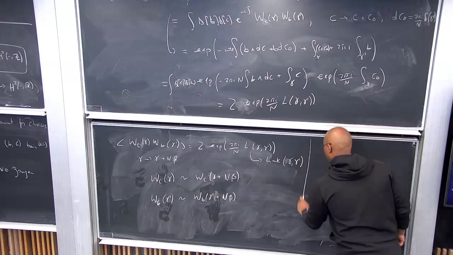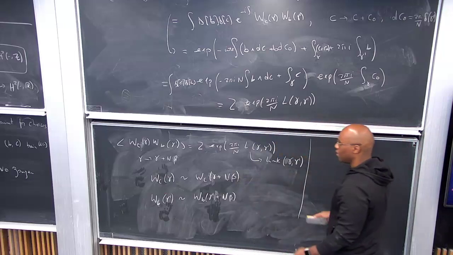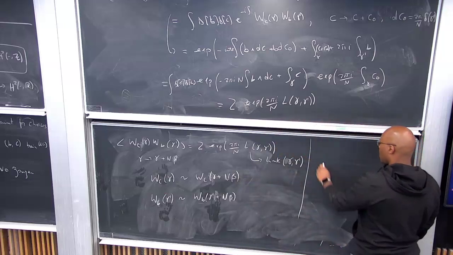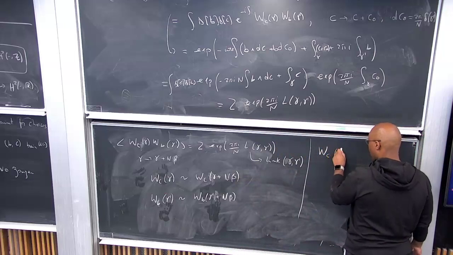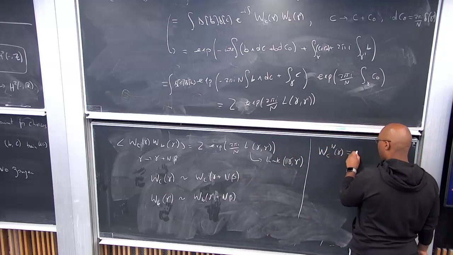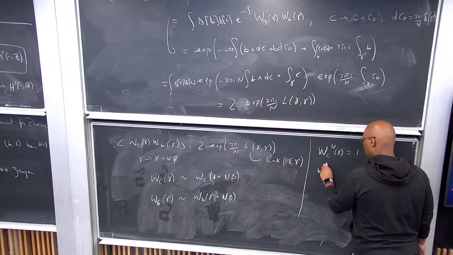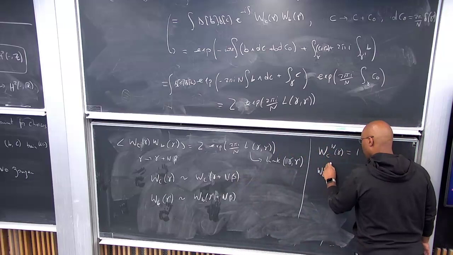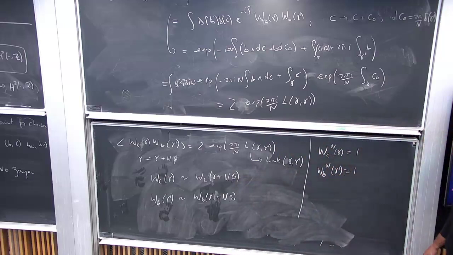Or said another way, if I just pick gamma to be n times some other curve, I conclude that WC of gamma raised to the n power is an identity operator, and WB of gamma prime raised to the n power is also the identity operator.